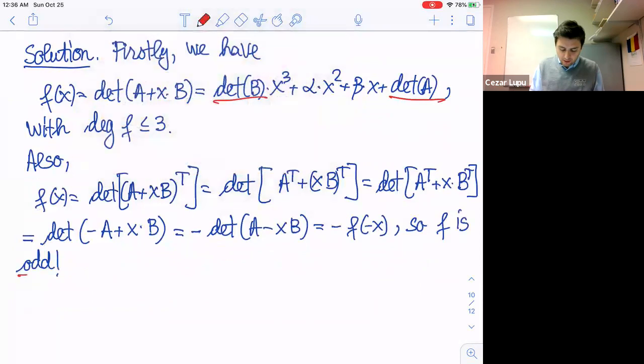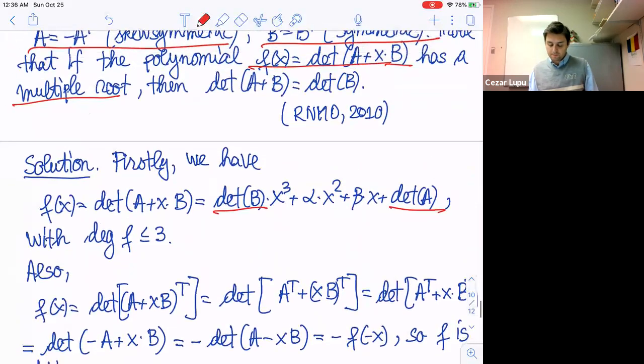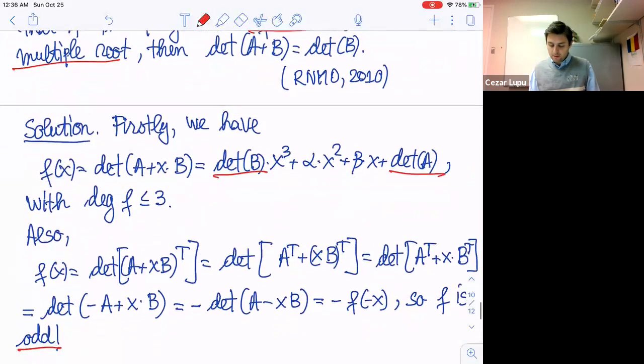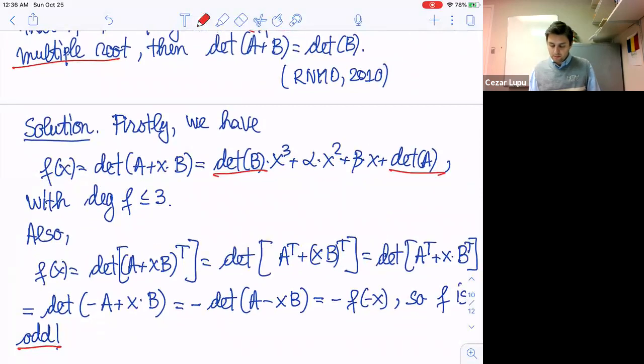That's beautiful. Well, if f is odd, then clearly f of 0, which will be the determinant of A, is 0.